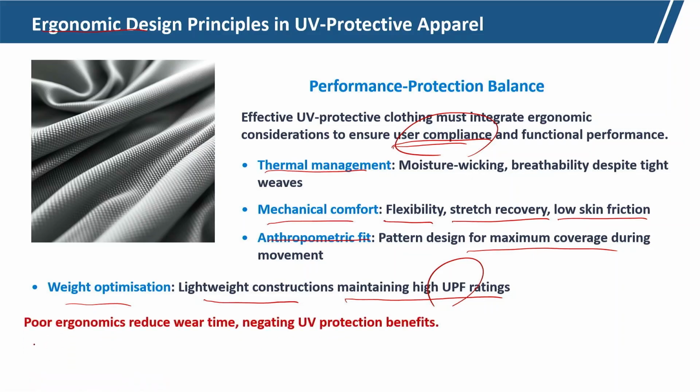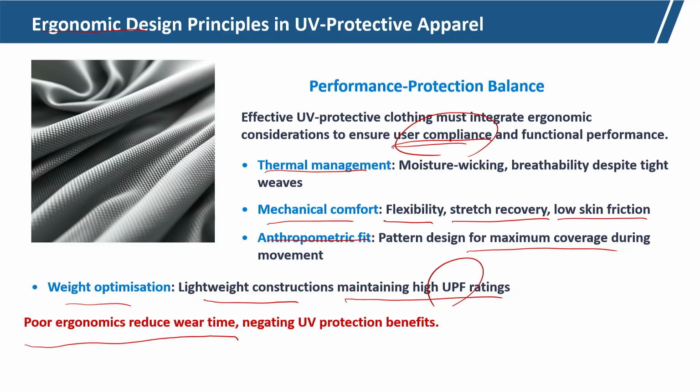So, poor ergonomics reduce wear time. Suppose a person is working outside under the sun, and if the ergonomics is poor, he or she will not wear the clothing for a long time.